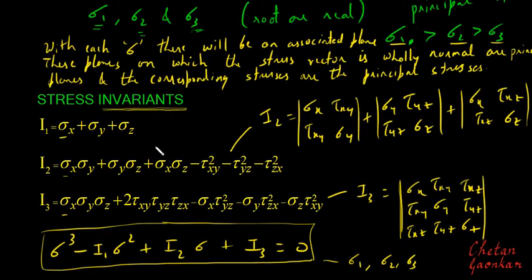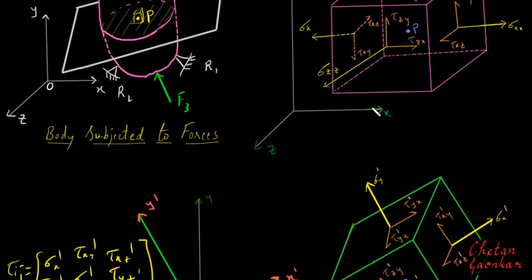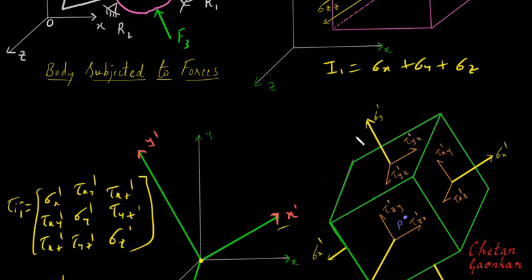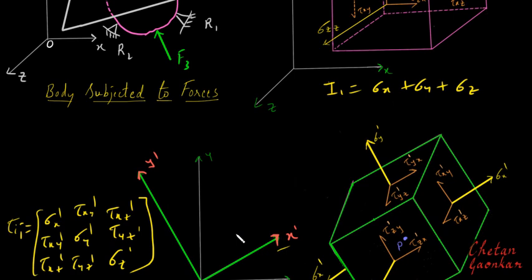Our I1 was sigma x plus sigma y plus sigma z. So for this frame of reference, I1 will be sigma x plus sigma y plus sigma z. But what will be the value of I1 for the new frame of reference x dash, y dash, z dash? I1 dash will be sigma x dash plus sigma y dash plus sigma z dash.